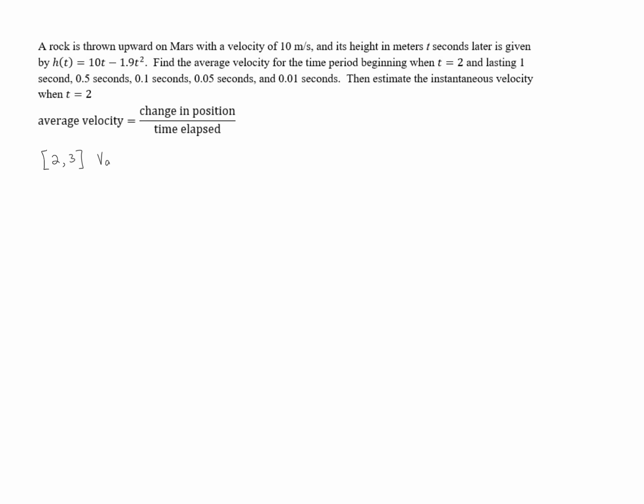So the average velocity is going to be the change in position, so that'll be the height at 3 seconds minus the height at 2 seconds over the time elapsed. We take 3 minus 2 to get that. Of course, the time that has elapsed is 1 second.